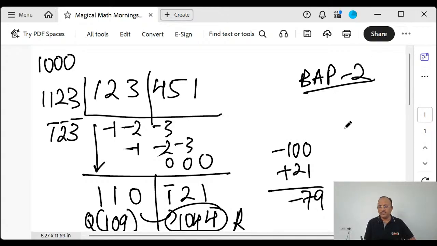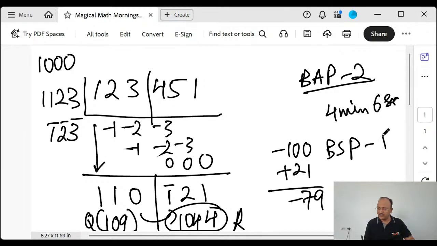BAP2, you put just the number of seconds you have taken, like 4 minutes 6 seconds or 2 minutes 5 seconds. Once you get that one, try to do it 2 or 3 times and try to improve that one. Okay, and also basic subtraction practice also I'm going to give one. For that also you put the time, not individually. You need not send me individual, put it in the group so that you will have competition among yourself.